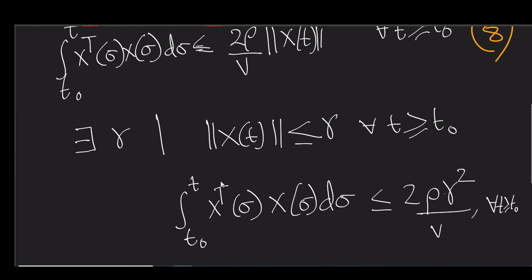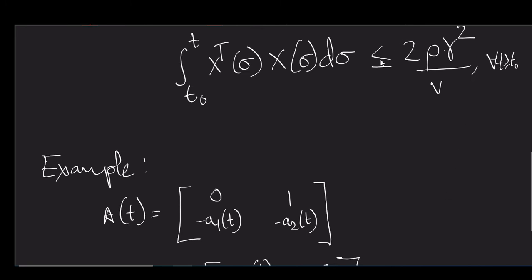So that yields an obvious result, and therefore the integrand, which is a continuously differentiable function, must go to 0 as t tends to infinity. Therefore xt must also go to 0.